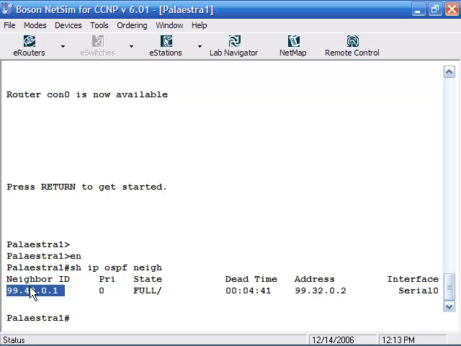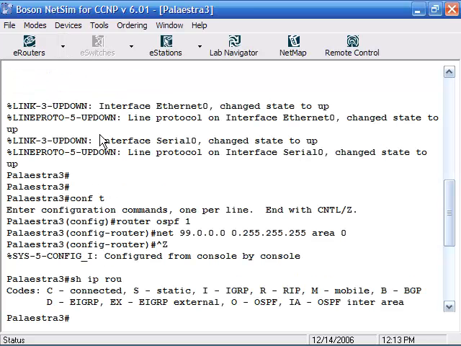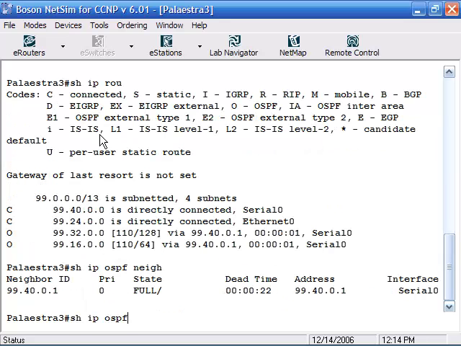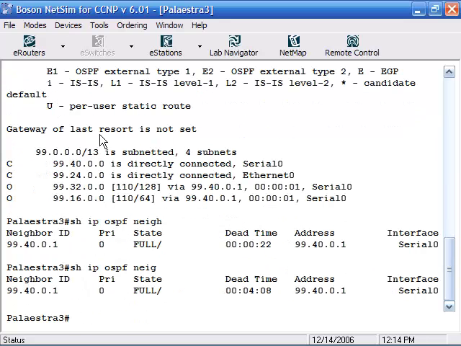That ID will represent router B in all of its neighboring routers' neighbor tables. So if I look at Palestra 3, show IP OSPF neighbor, it'll show me the neighbor ID of router B, again 99.40.0.1, and it just happens to be the next hop address on this one.